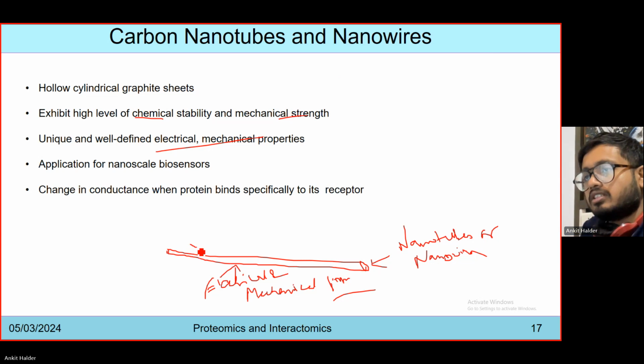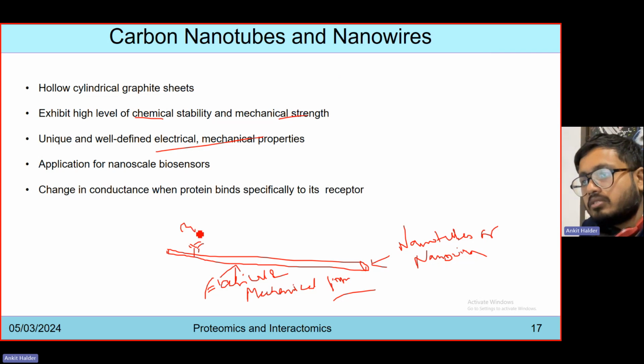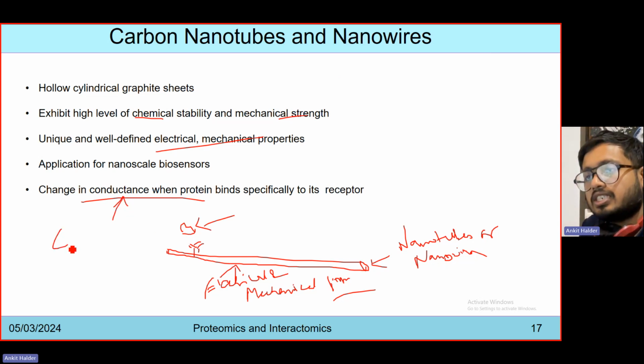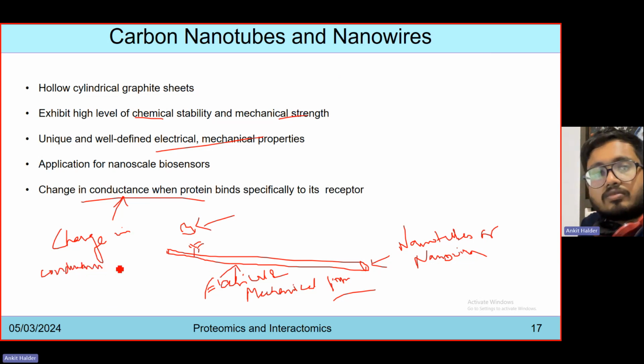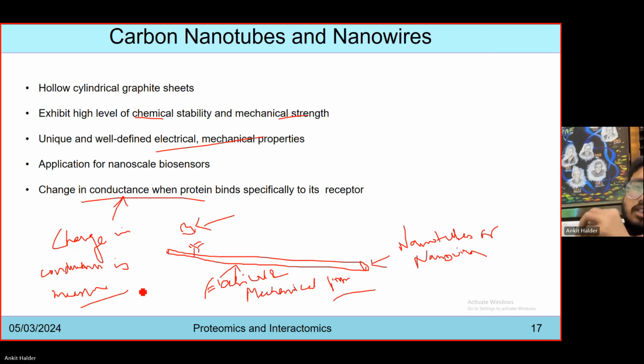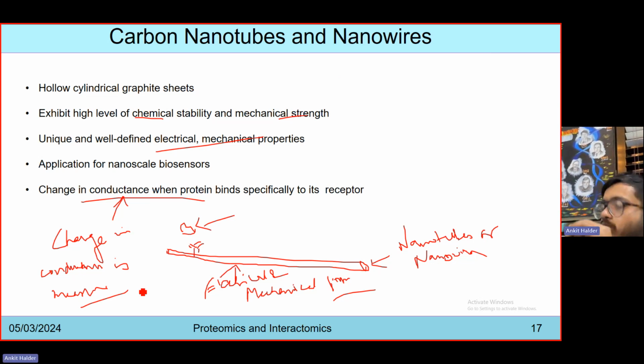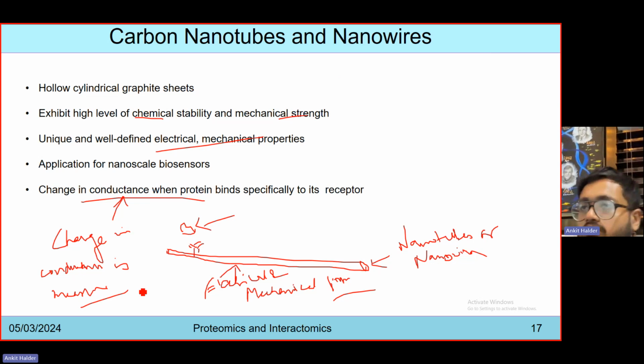If you have proteins or antibodies imprinted on it, or ligand, whatever you have, and the protein binds to it, the change in conductance is measured, so that whether the protein has bound to the receptor or not is understood, right?